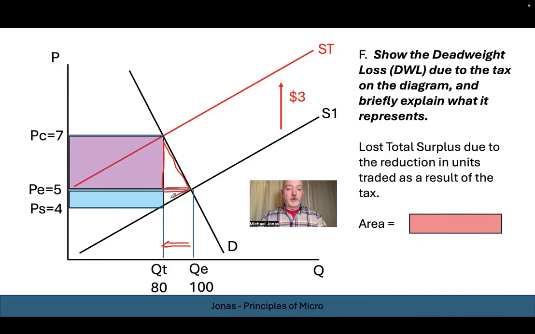And likewise, producers had some degree of surplus, revenue above cost, for those units, and that is gone as well. So it's going to be this combination, this little triangle here, bounded by the two quantities and the supply and the demand curve at the top and the bottom. Okay. So again, make sure you can show that on a diagram and articulate what it represents.